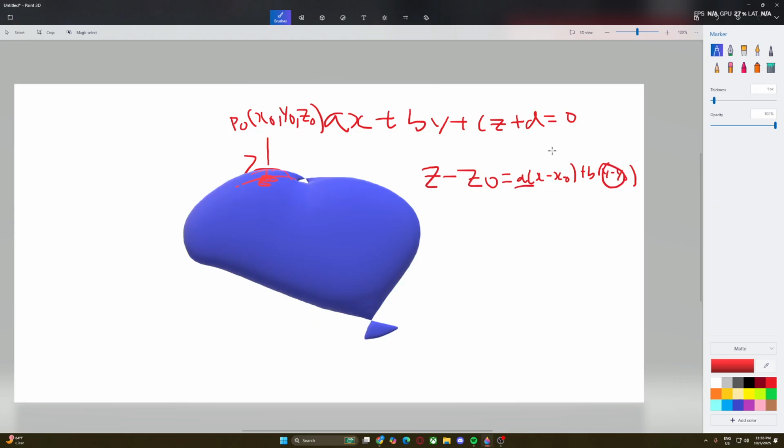Likewise, when x equals x0, it's just a line, the tangent line, where b is the slope of that line.